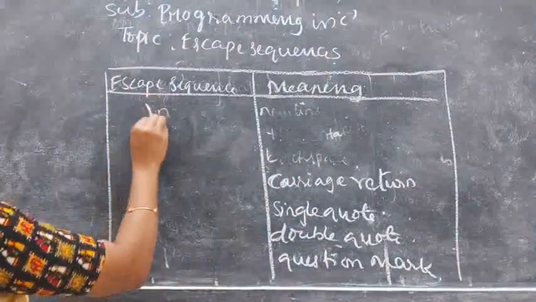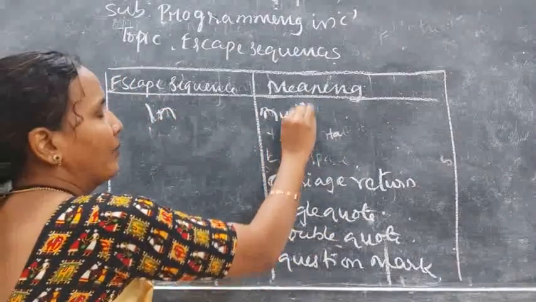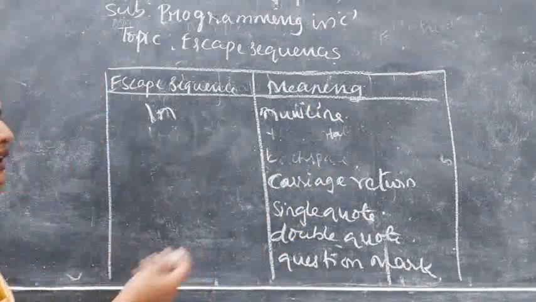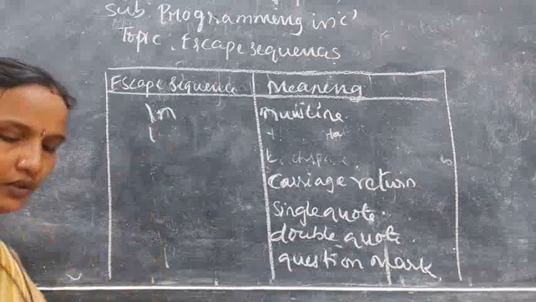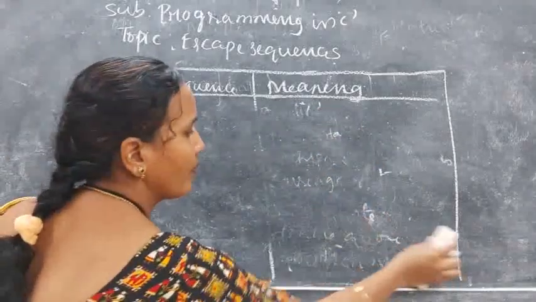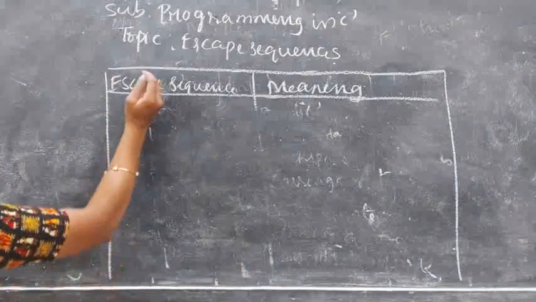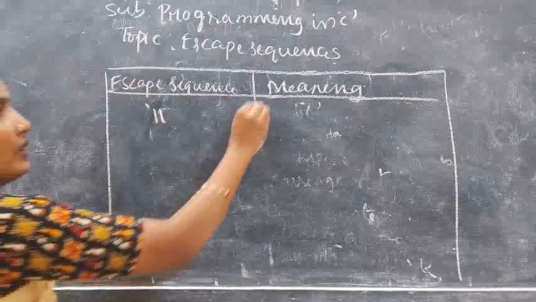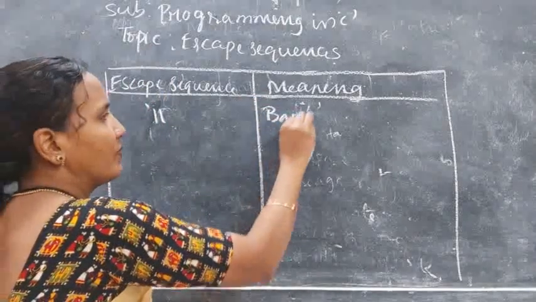Here backslash n is for a new line. If you want to display the next line, I will explain it in the programming. For the time being, take a screenshot of this. Next, this is for a backslash.